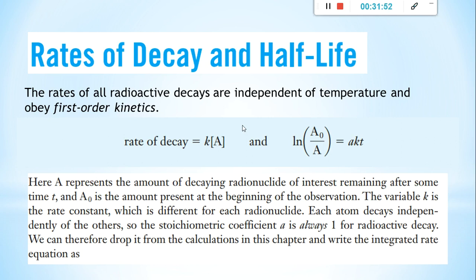And we have here another, ln of the initial amount over the final amount is equal to A, the stoichiometric coefficient, which is actually always 1 for radioactive decay, multiplied by k, again the rate constant, and t, which is the time.